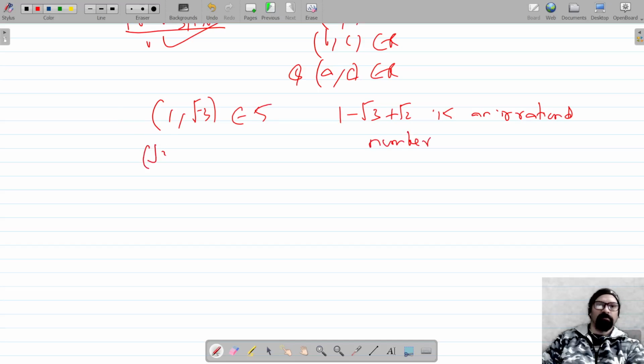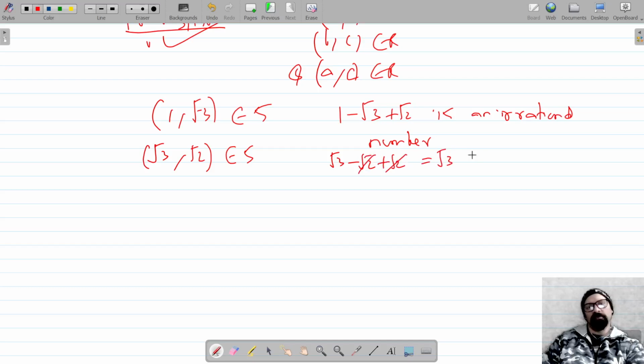Now let's consider root 3 with root 2. (root 3, root 2) is also in relation S, because root 3 minus root 2 plus root 2 gives me root 3, which is an irrational number.